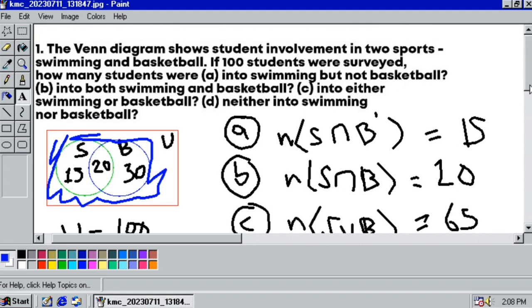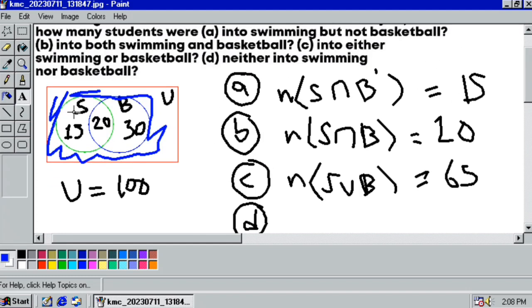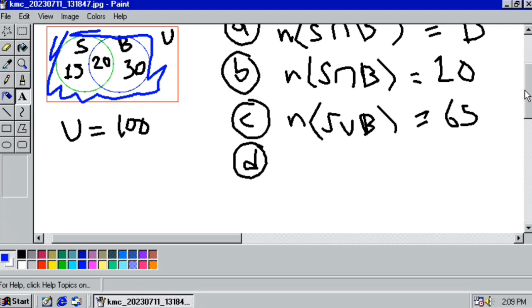We're going to subtract from the universal set to find it. We have 65 here for S and B combined. Then we'll subtract it from 100. So 100 minus 65 is 35.